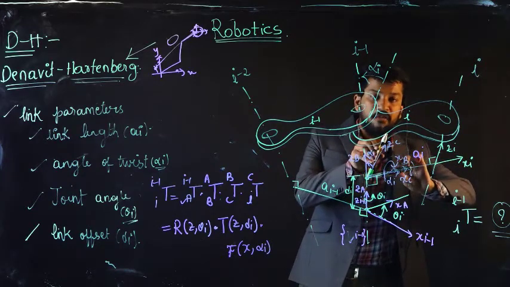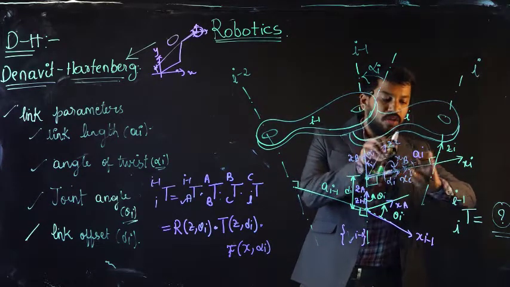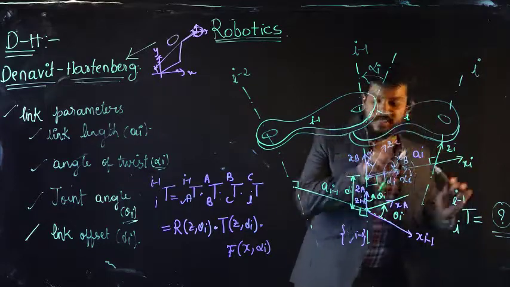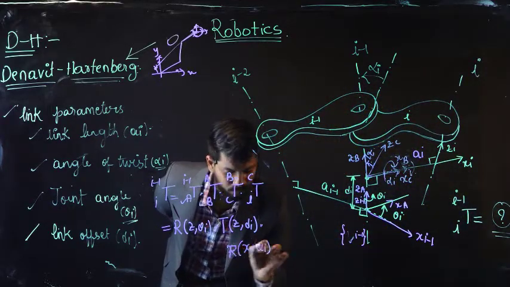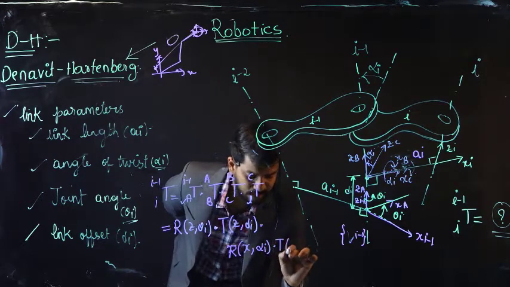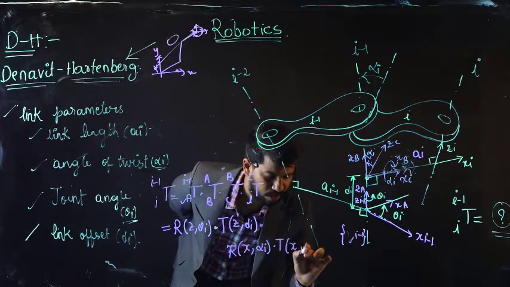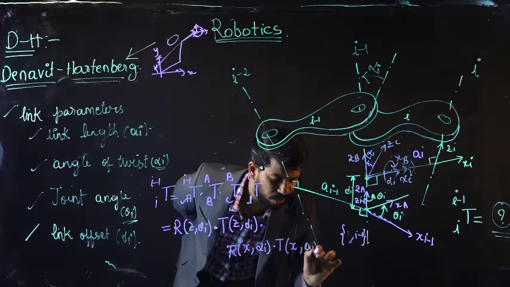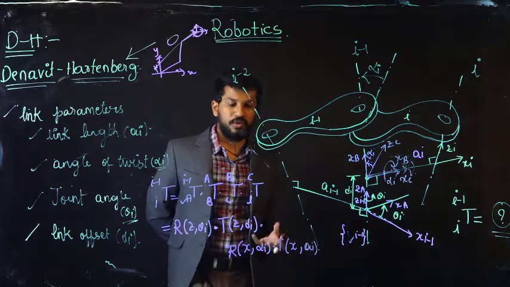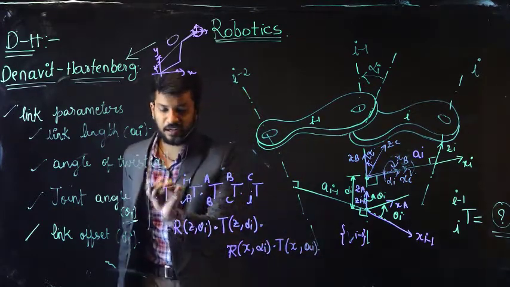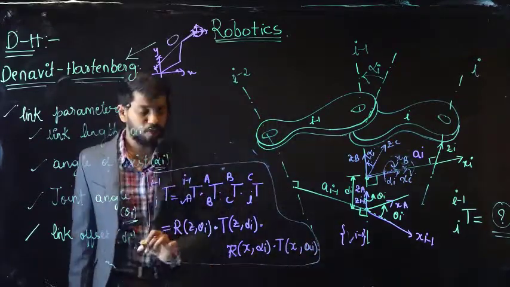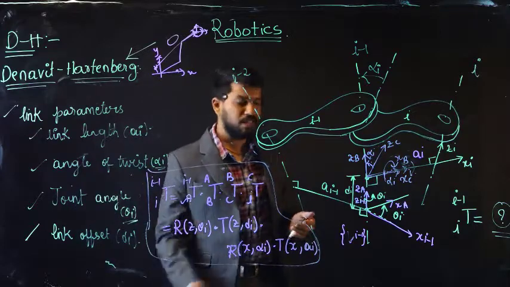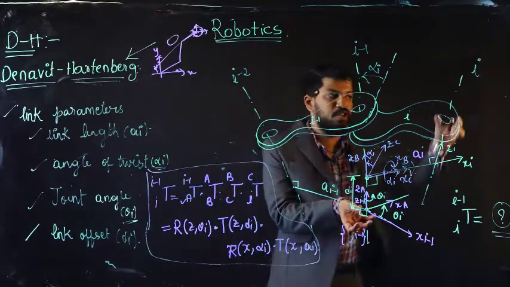After that we have translated the C frame to I along the x axis. Sorry, this was rotation. Translated x along the length a i minus 1. So this is my final notation to convert any such coordinate from this position to here.